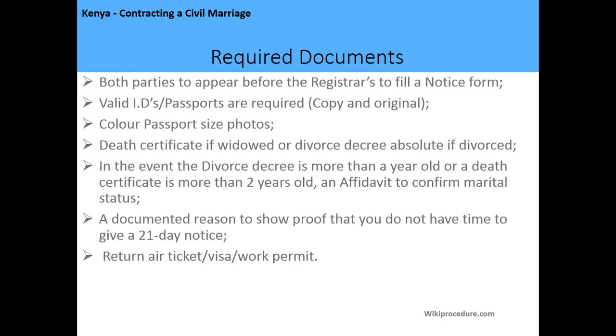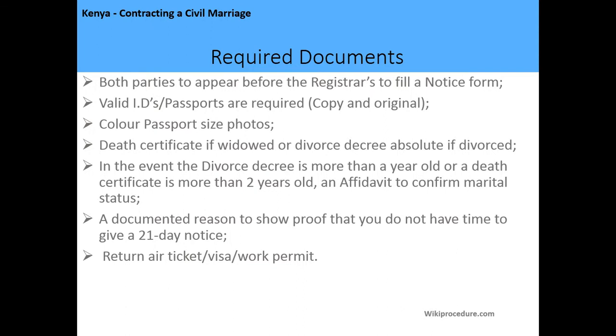You need to produce the death certificate if you are widowed, or a divorce decree absolute if you are divorced. And in the event of a divorce decree, if the divorce decree is more than 1 year old, or the death certificate is more than 2 years old, an affidavit to confirm marital status is also needed.